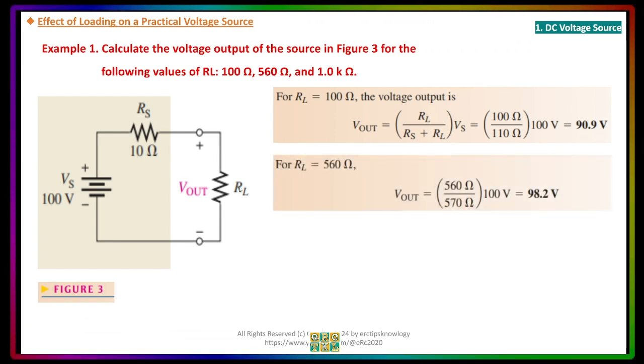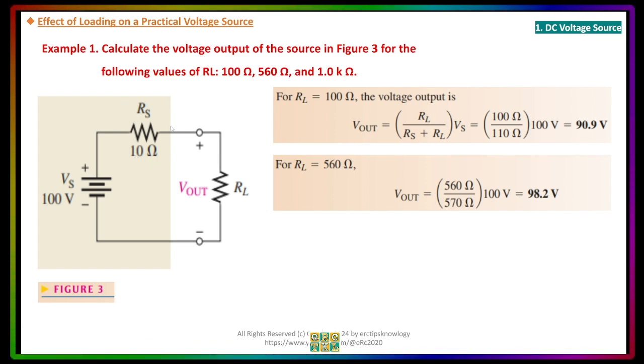If the RL is increased to 560 ohms, the answer will become 98.2. So you see here that the Rs is no longer taking 9.1 volts. From 100 volts, the RL was taking 98.2, so there's 1.8 volts missing, and that 1.8 volts goes to the Rs.